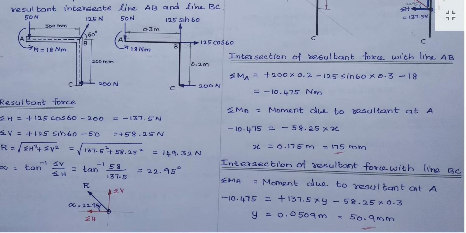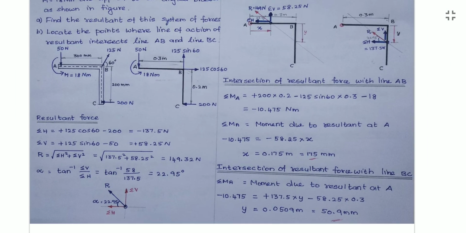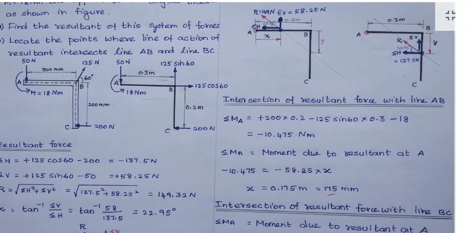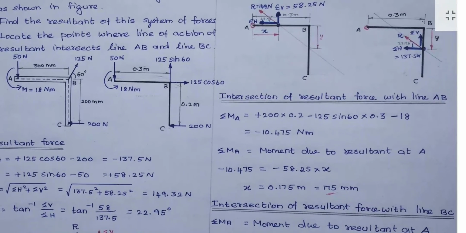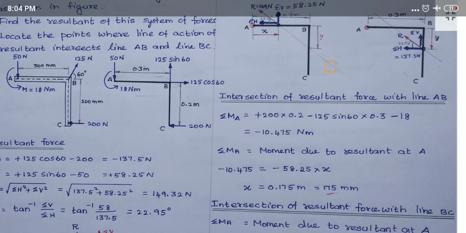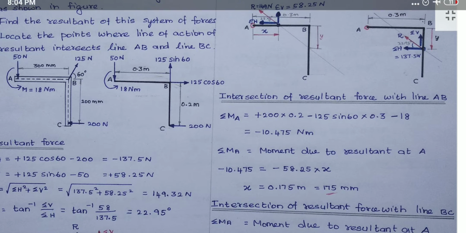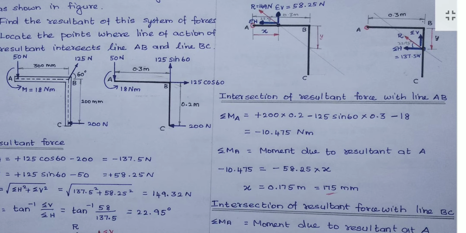Our aim is to locate this force on the angled bracket. The line of action comes like this, at the angle of 22.95 degrees, but we don't know at what distance.